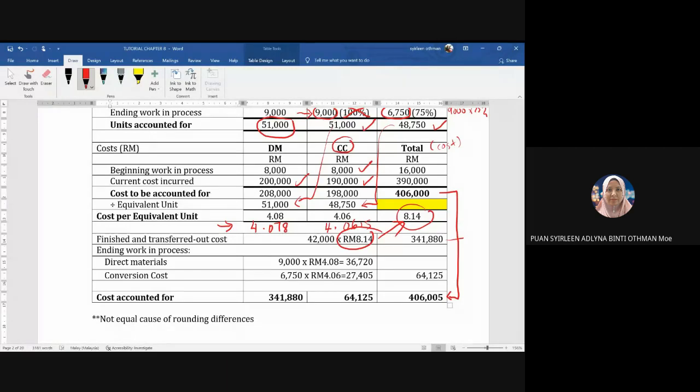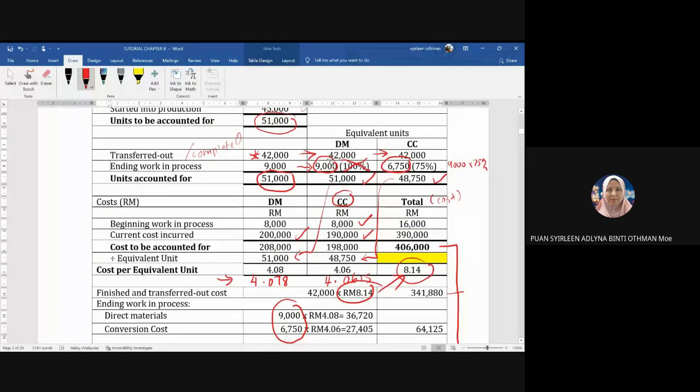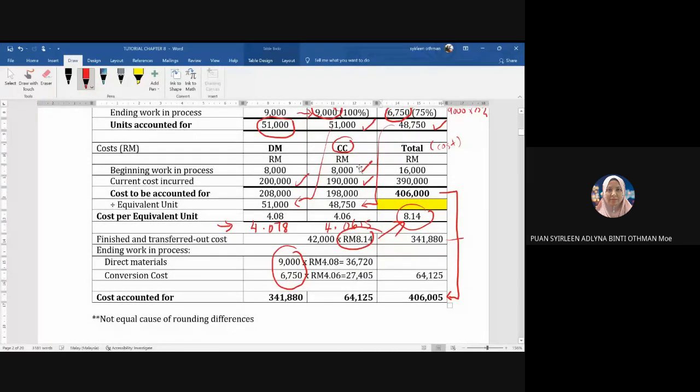So untuk direct material unit dan juga conversion cost unit ni, kita ambil RM4.08 dan juga RM4.06 ni, you actually darab dengan figure di sini. Okay, from here. Ini untuk direct material punya unit 9,000. Yang ini untuk conversion cost punya unit 6,750. Okay, so kita akan dapat 64,125. So dua ni campur akan dapat 406,005. Ada beza RM5 daripada cost to be accounted for.